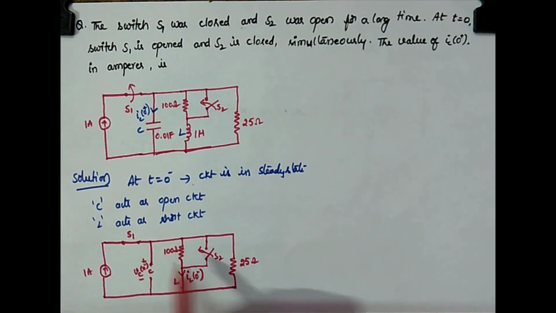Here S1 is closed and S2 is open. So at that time the circuit consists of a 1 ampere current source, a 100 ohm resistor in parallel with a 25 ohm resistor. Then what is IL(0-)? This is the current flowing through the 100 ohm resistor. So how to find it?